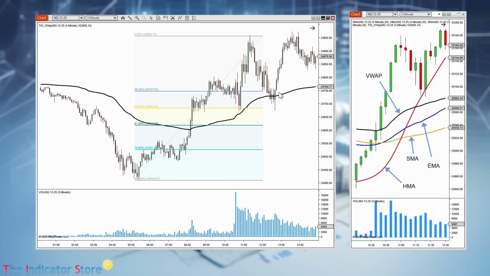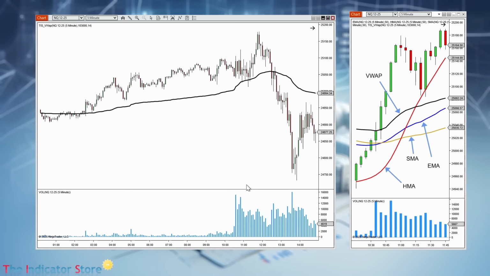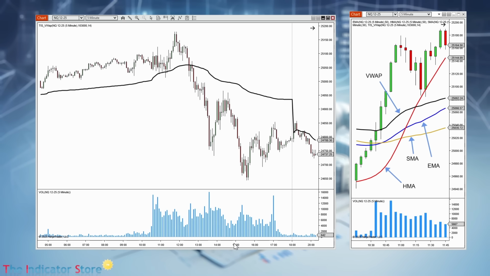Okay, so this area is a good long. Another one, but this is not touching the VWAP because we are going from this high to this low and we touch the 50. It is near the VWAP, but not enough.